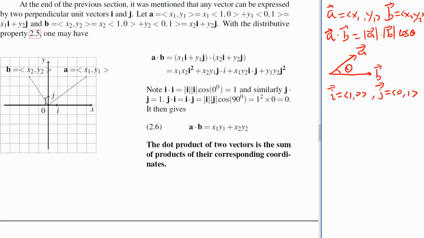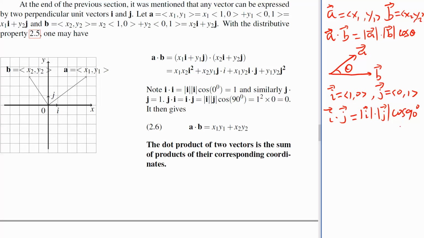Okay. Now, then we know how about I dot J? Well, how many degrees between I and J? 90 degrees. Then we know it's going to be I magnitude times J magnitude cosine 90 degrees.